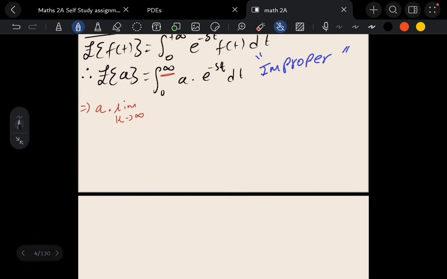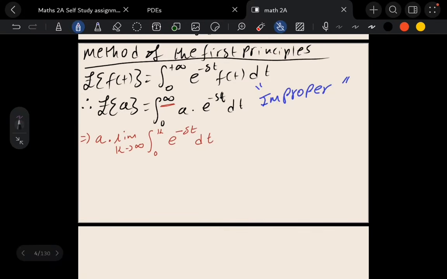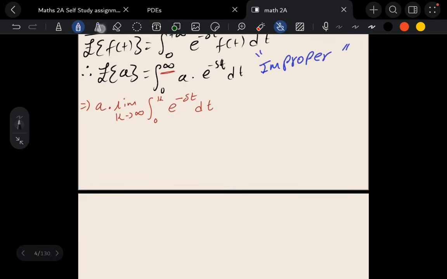So now I'm going to integrate from 0 to k of e to the power negative st dt. Whenever you have an integral that has infinity, you cannot just integrate it, but you can take a limit of that integral as a particular letter reaches infinity, right? So now we need to integrate this part. So now I still have a times the limit as k approaches infinity in brackets.